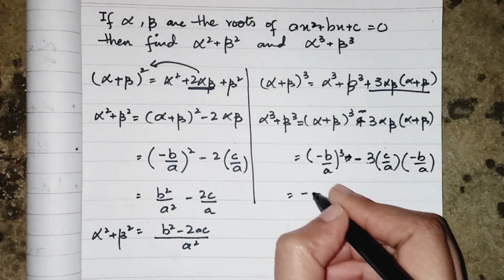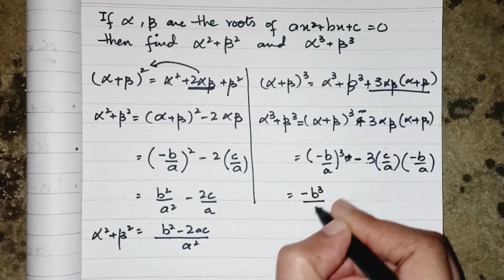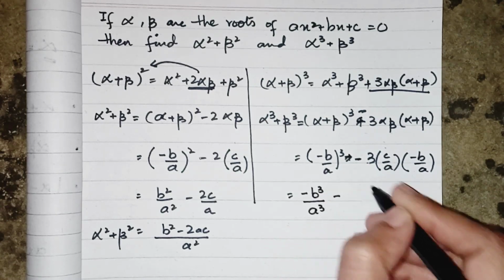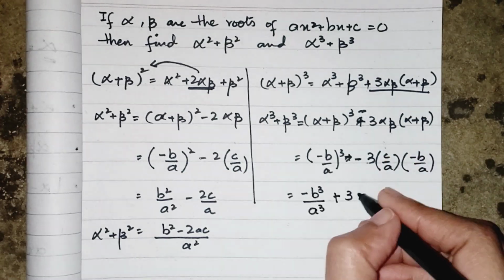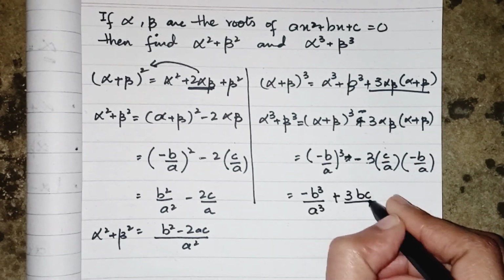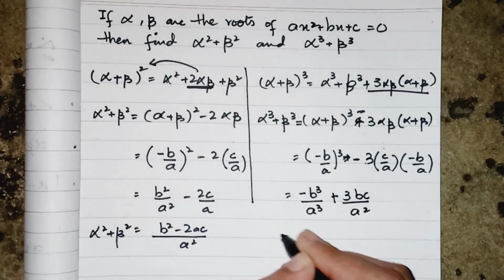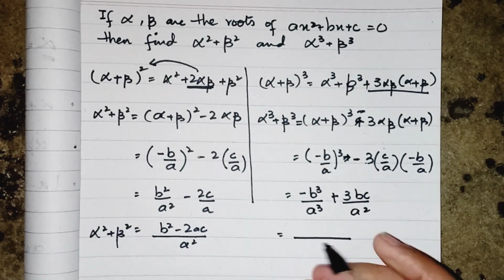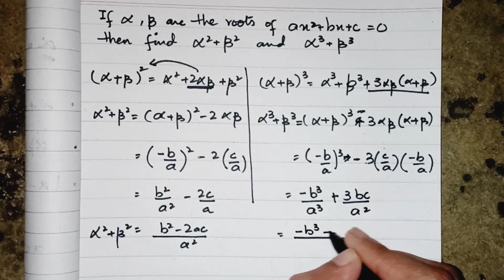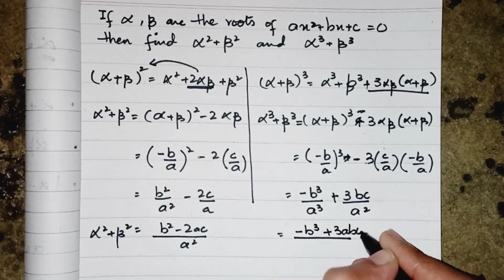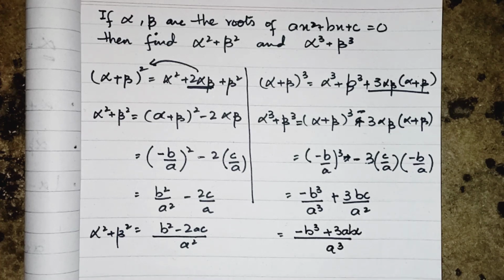Cube of minus b should be minus b cube upon a cube, and minus and minus plus 3 b into c, bc, a into a square. And when we get the LCM, we will get the answer as minus b cube plus 3abc upon a cube. So we get the answers by seeing only roots.